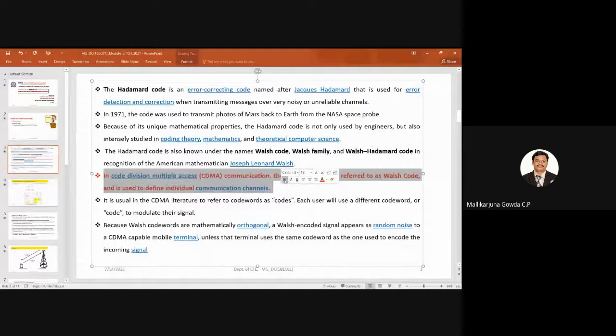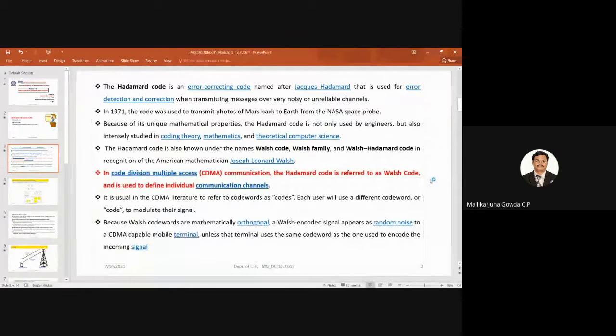The purpose of this Hadamard code or Walsh code in CDMA is to define the individual communication channels. It is usual in the CDMA literature to refer to code words as codes. Each user will use a different code word or code to modulate their signal.